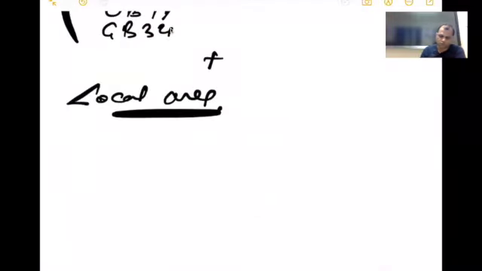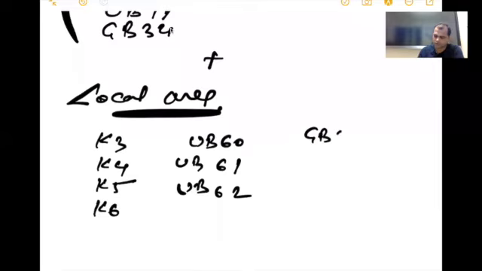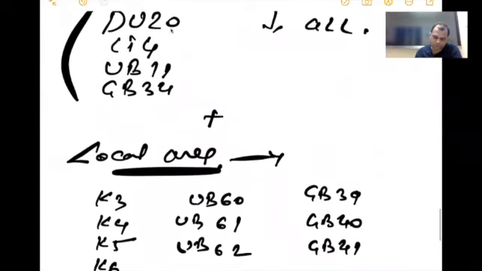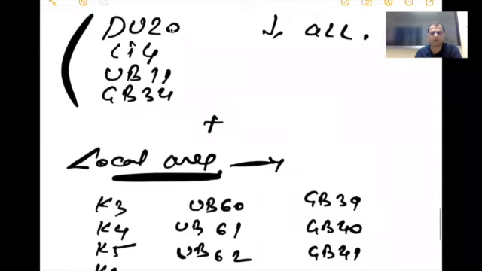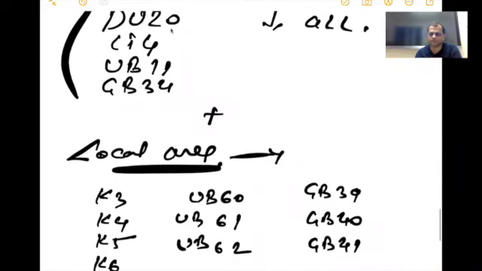So the local points will be kidney 3, 4, 5, 6, urinary bladder 60, 61, 62, and gallbladder 39, 40, 41. So these all are the local points. So this is the protocol. There is always a possibility of little bit of changes.